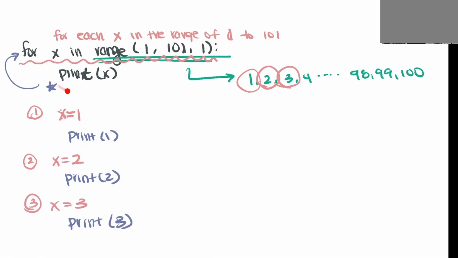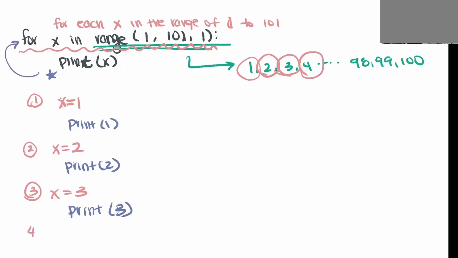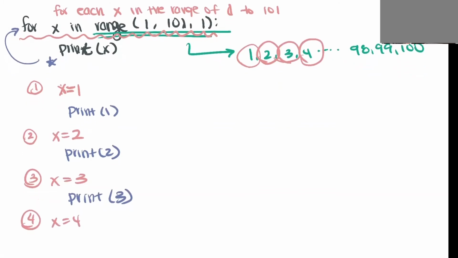Now that you've reached the bottom here, you circle back up and get the next number in the range, which is 4. So the fourth time it goes in the loop, x would be 4. And since you're still within the range, you print x, which is currently 4, so it will print 4.